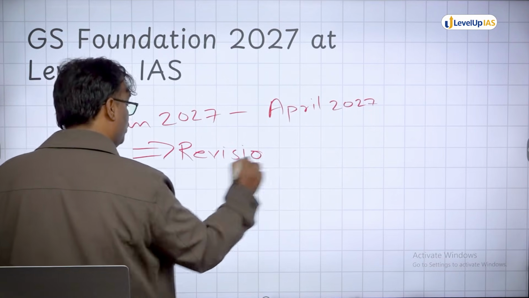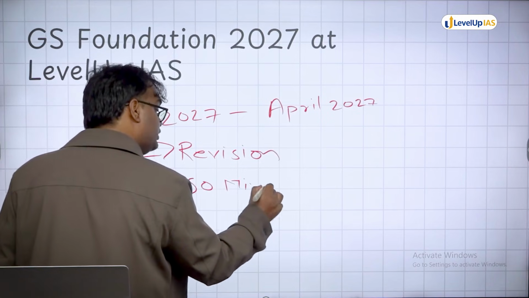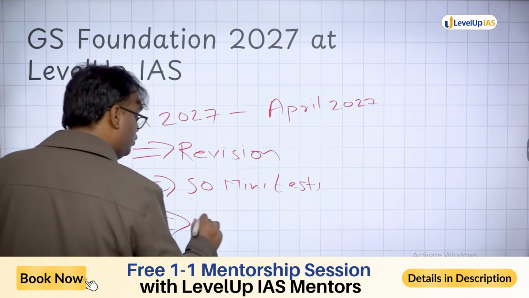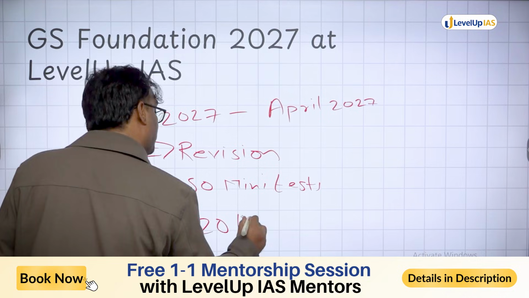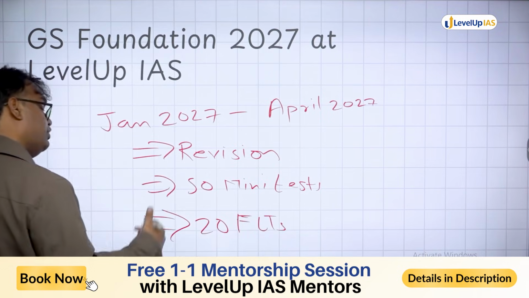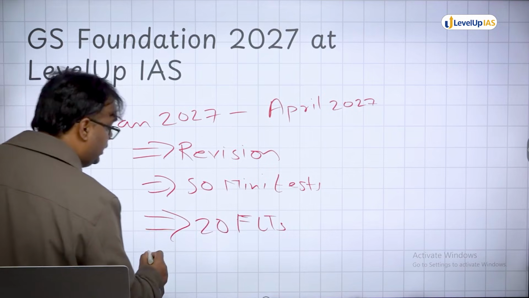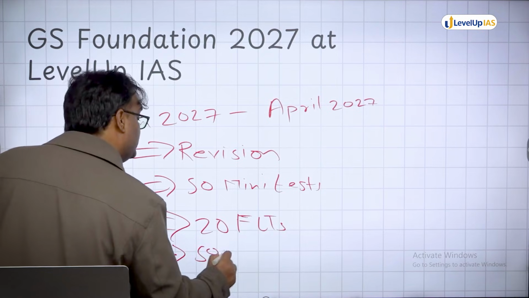We will make you solve 50 mini tests, and whatever is needed for preparation, we will do that. We will make you solve 20 full length tests. We will also recommend you attempt the open tests of other institutions, so that you get a feel of every kind of test being prepared. In the end we will make you solve 500 questions for each subject.